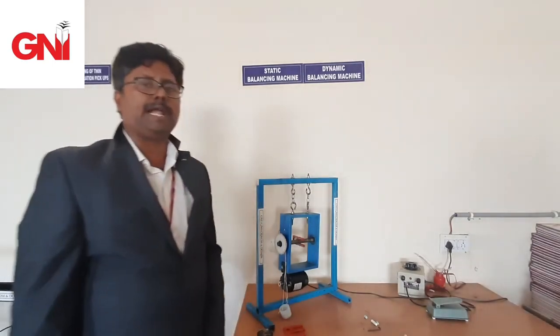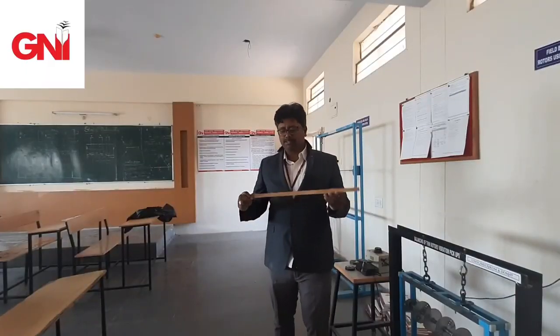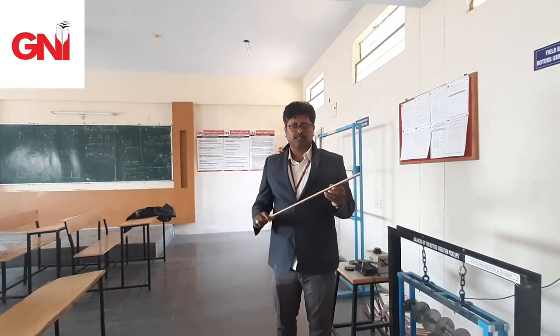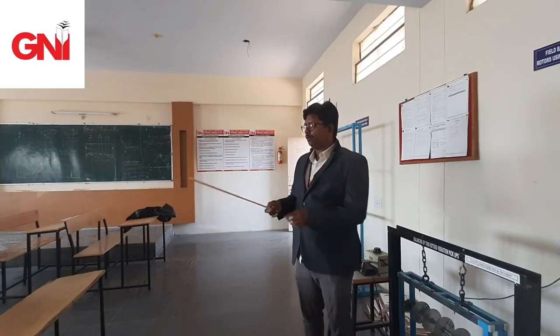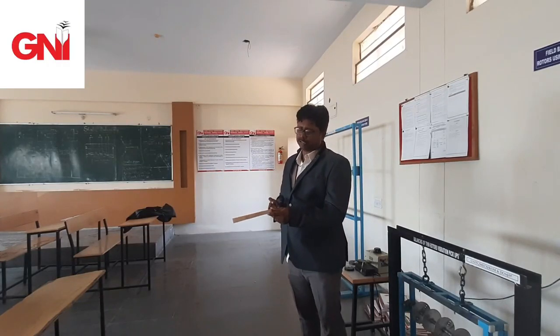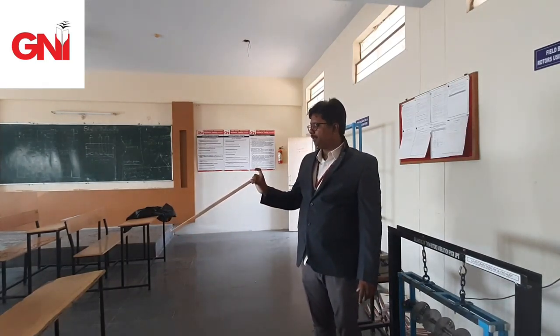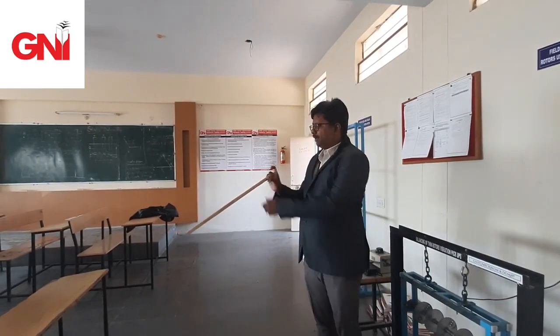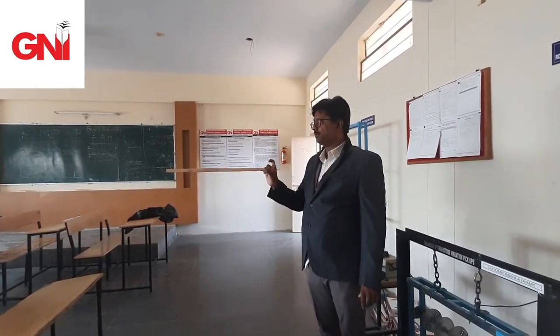Why do we need to rotate the mass from 0 to 90 degrees? Consider the unknown mass as a stick. With the help of my two fingers, I am holding this stick in different positions. When I keep the stick in this manner, I may feel some difficulty. When I keep the stick in this manner, I may have more difficulty.